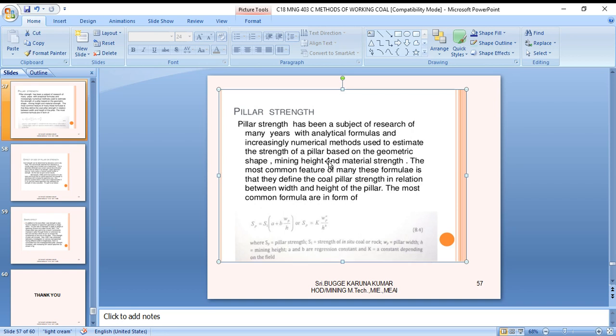The most common feature of these formulas for coal pillars is the width to height ratio, the strength of the in situ coal, and pillar width. So based on these factors, it can be calculated.